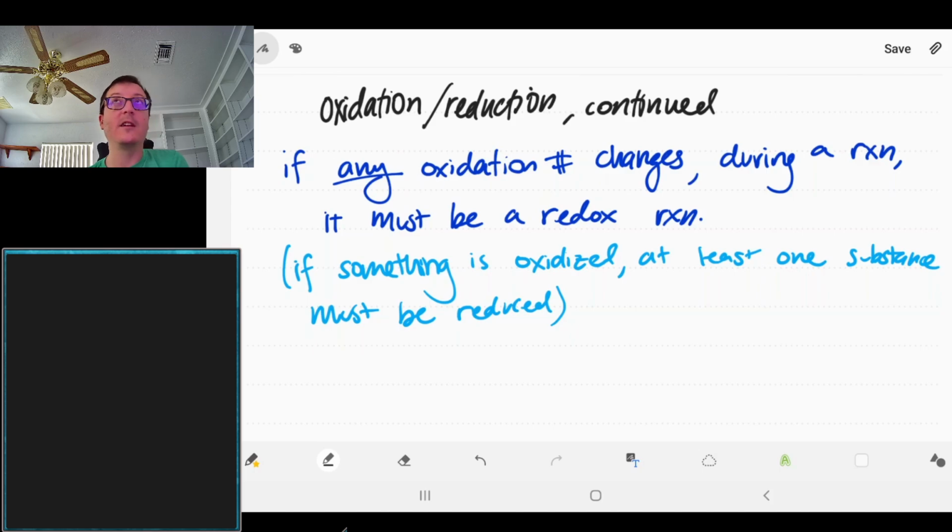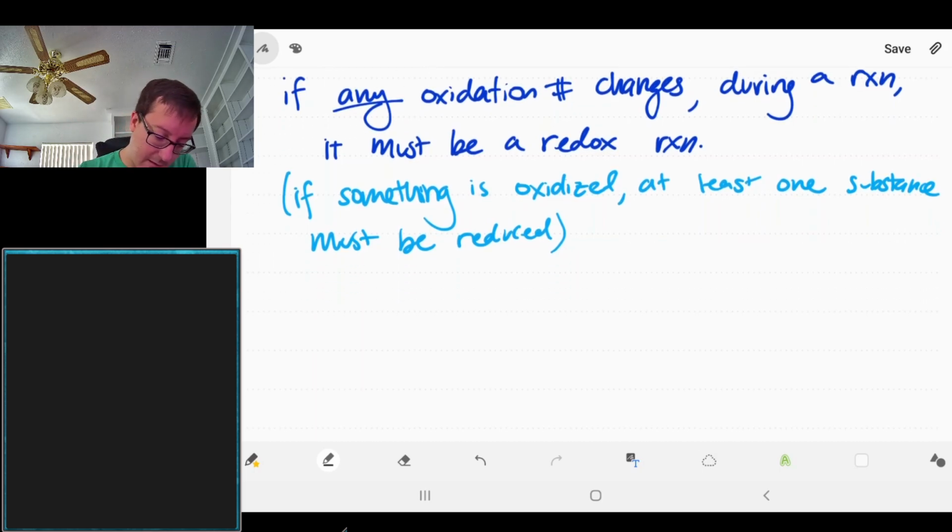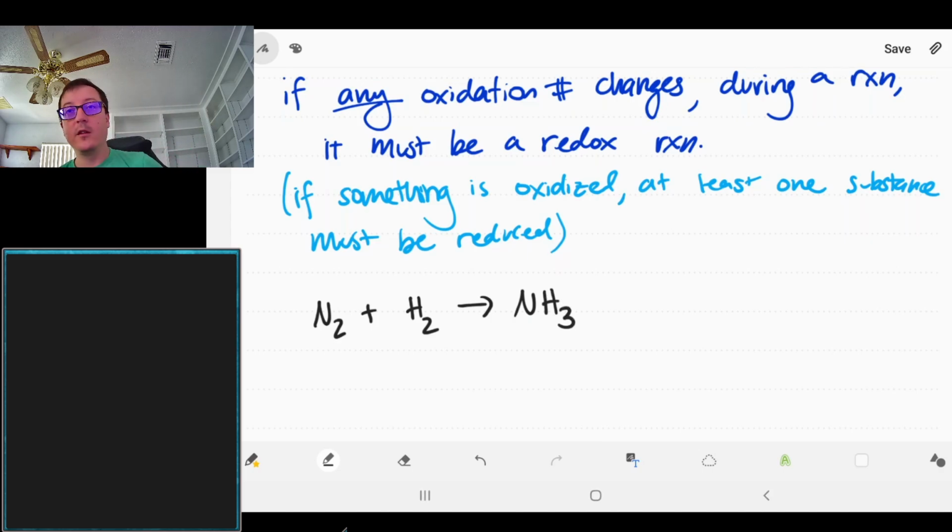Let's start by doing a combination reaction. Remember, for redox stuff, you do not need to balance them. So save yourself some time. If we want to determine if this is a redox reaction or not, we know this is a combination.